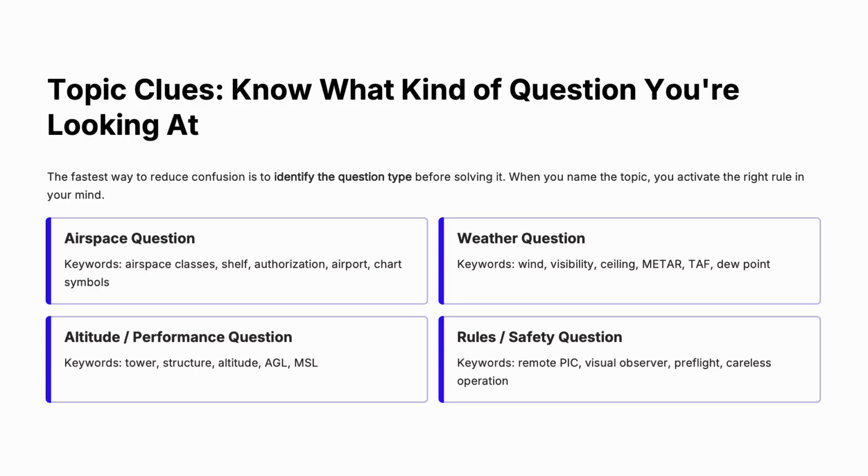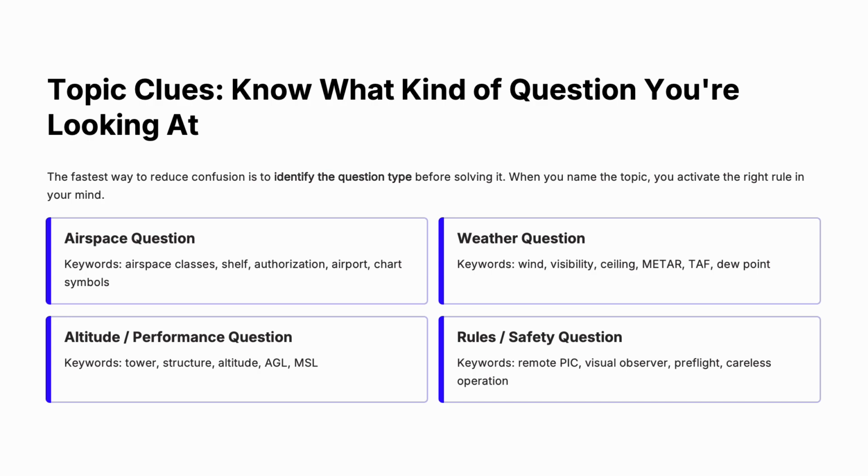Here's a shortcut that will save you time on test day. Identify the question type before you try to solve it. The moment you name the topic, you activate the right rule in your brain instead of searching blindly. An airspace question usually has keywords like airspace classes, shelf, authorization, airport, or chart symbols. A weather question will use words like wind, visibility, ceiling, METAR, TAF, or dew point.